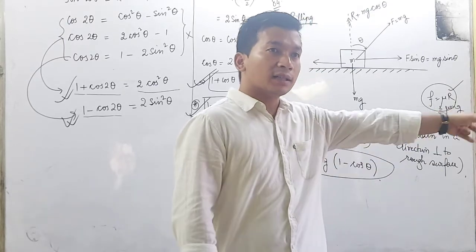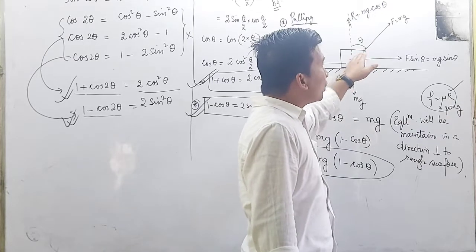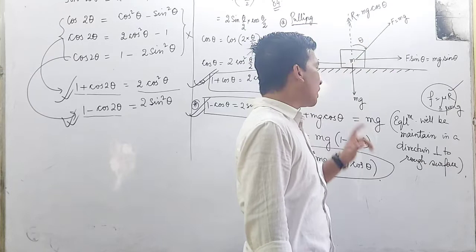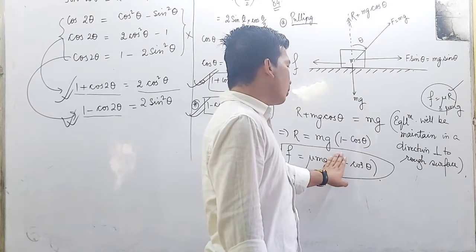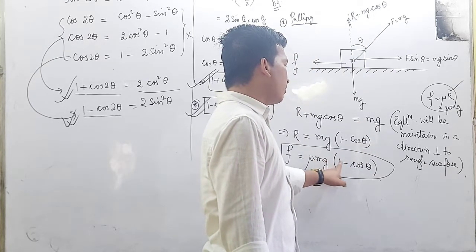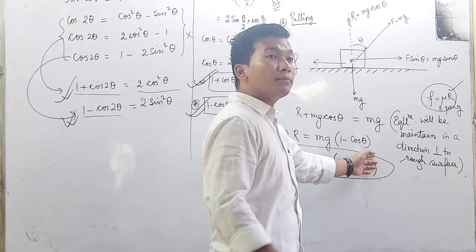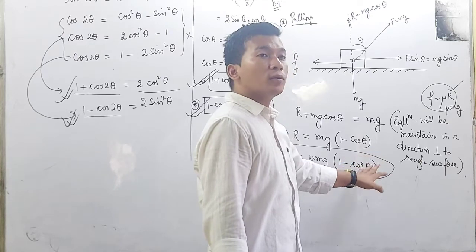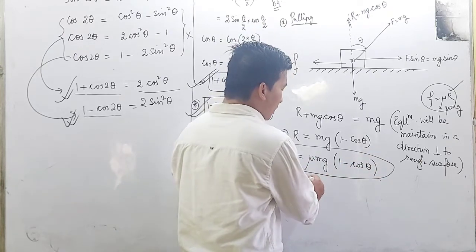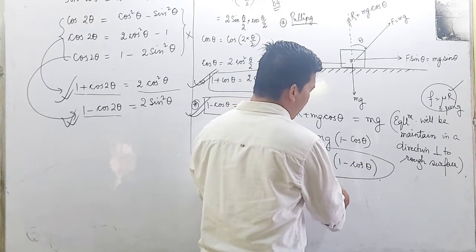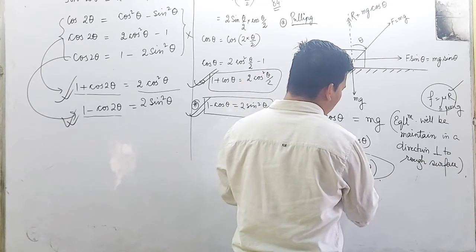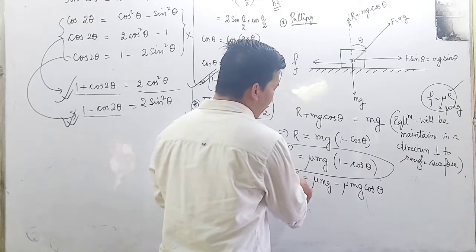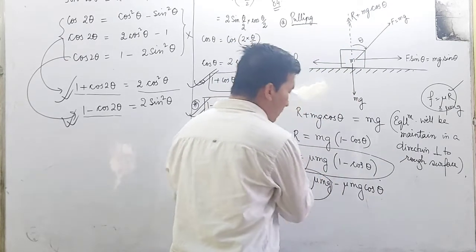Here, if you pull the same object at some angle theta, the pull is now reduced to mu mg minus mu mg cos of theta, some value demand of minus. My frictional force is mu mg minus, if you multiply, mu mg cos of theta.